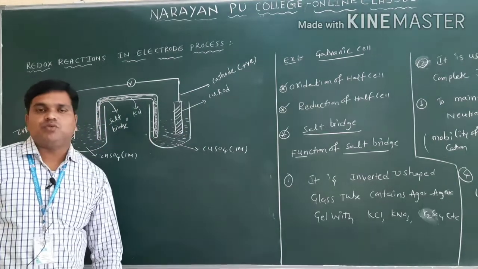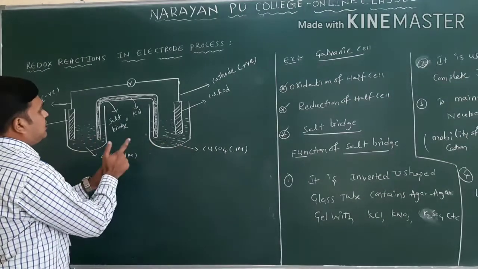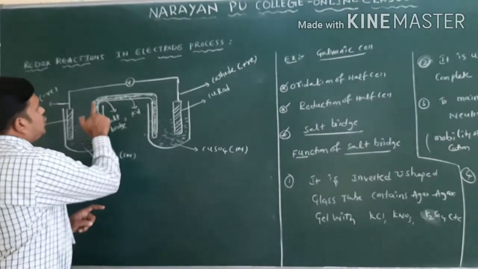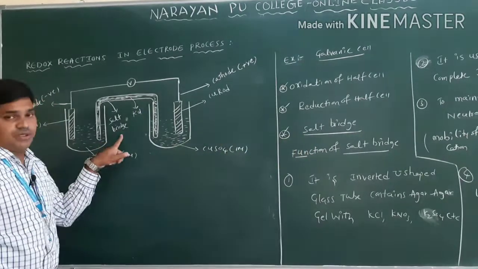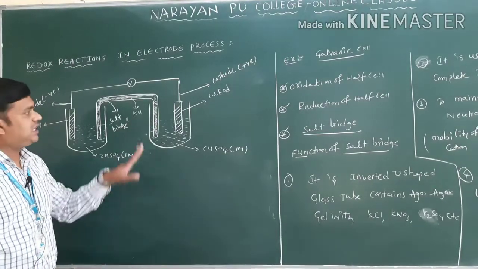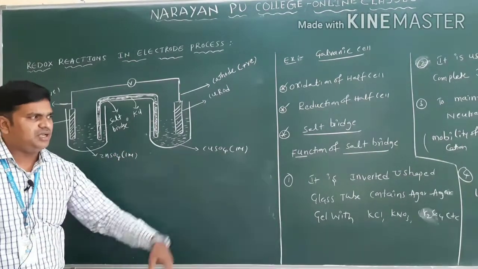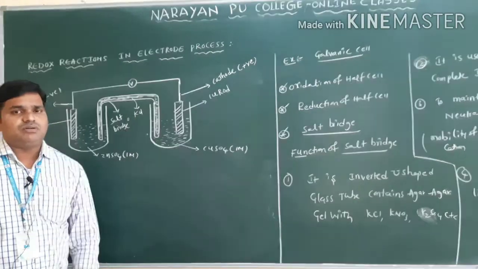Both have the same concentration, 1 molar. These two compartments are interconnected by an inverted U-shaped tube, called the salt bridge. Here there is agar-agar gel, in which you can take an electrolyte like KCl, KNO3, or K2SO4.